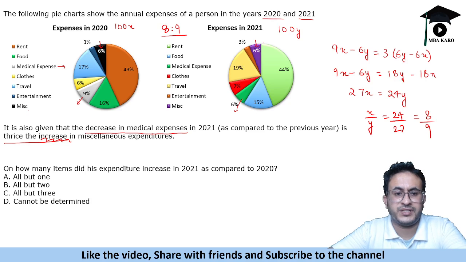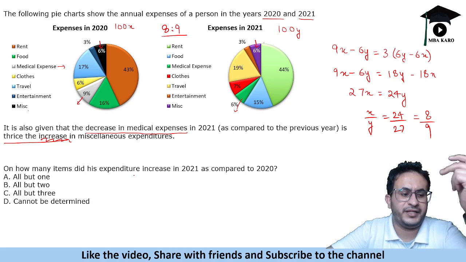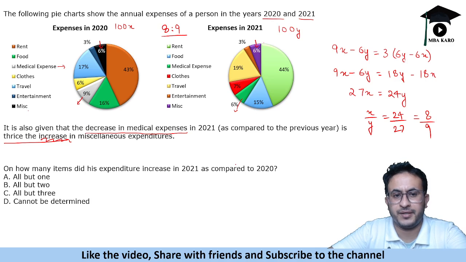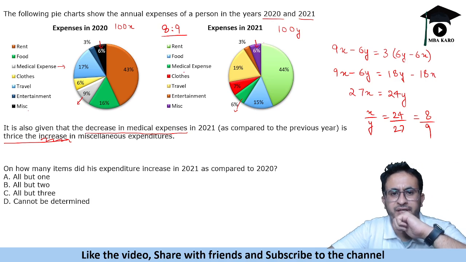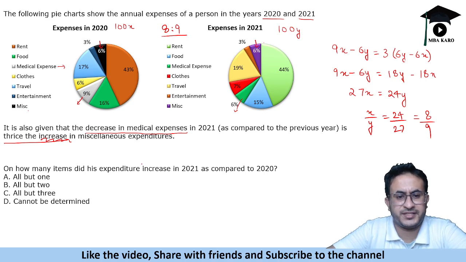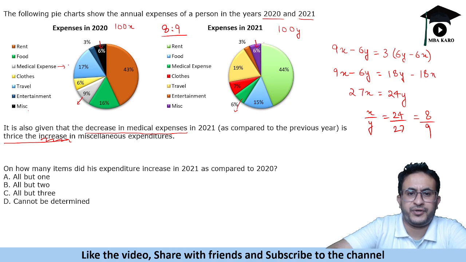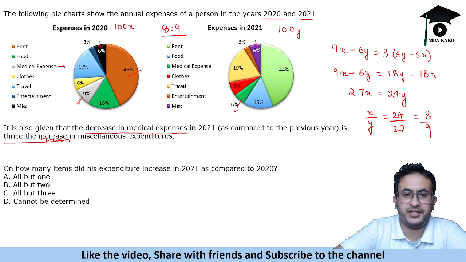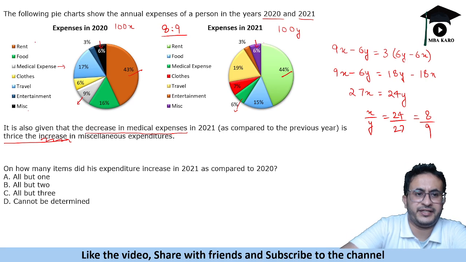Now the very first question asks, on how many items did his expenditure increase in 2021 as compared to 2020? The ratio of expenditure is 8:9. So we need to find on how many items his expenditure increased. Rent, obviously, is 43% and 44%, of higher value, so rent will increase.